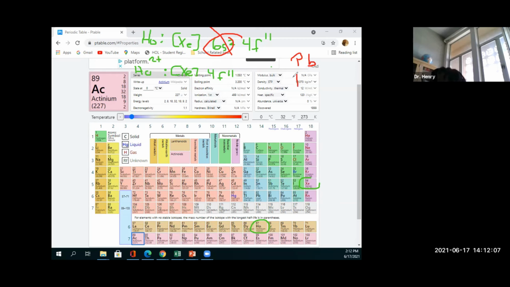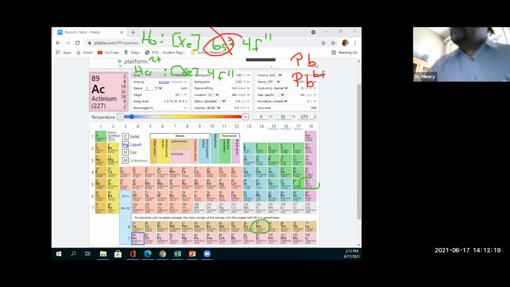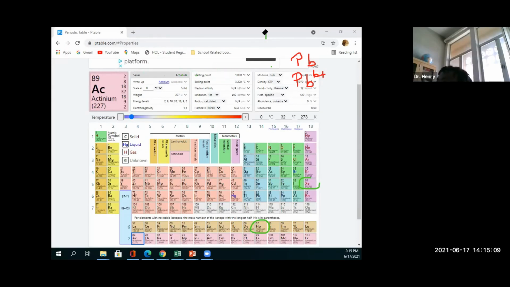Okay, so let's look at lead and Pb 6+. I want you guys to write the electron configuration for lead and Pb 6+. So let's start off with lead. So we have Pb. Okay, so then what are we going to put? Okay, so we're going to put Xe.